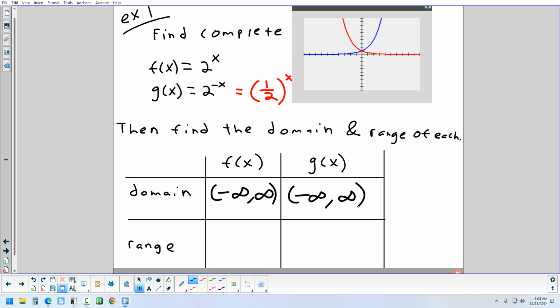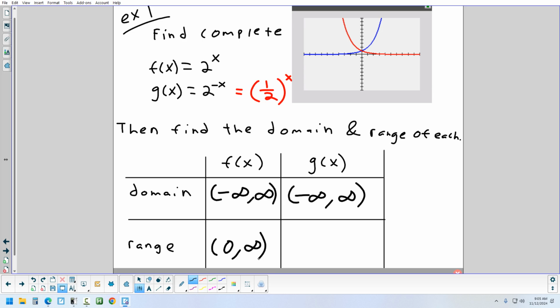Okay, so now let's look at the range of f of x. F of x is the blue one. What does it look like the range is for the blue graph? Oh, Moises? Parentheses 0 to infinity. Yeah, parentheses 0 to infinity. It never reaches 0.